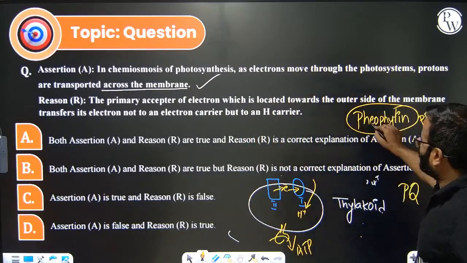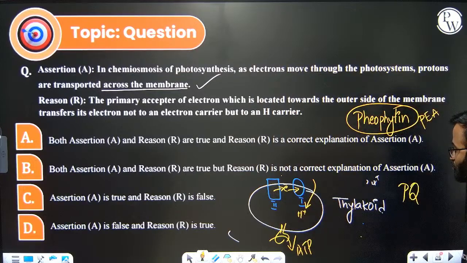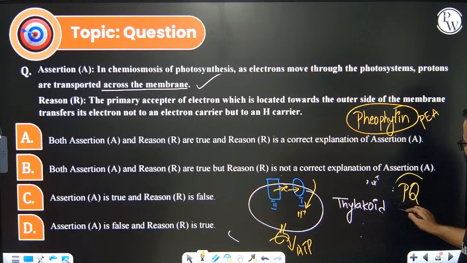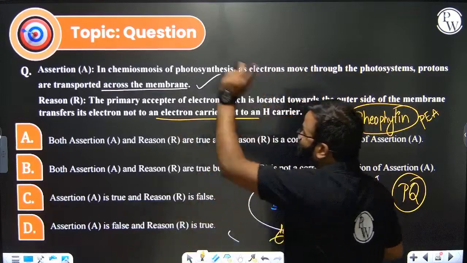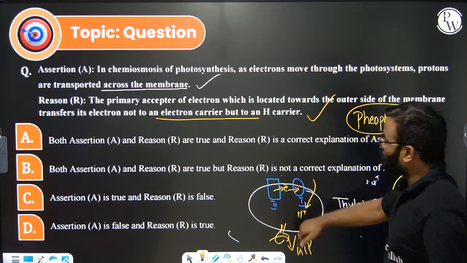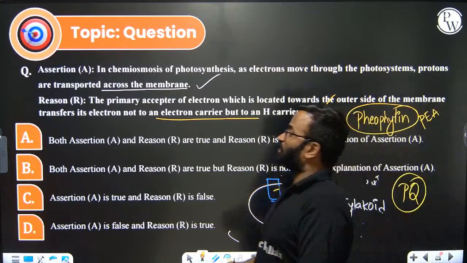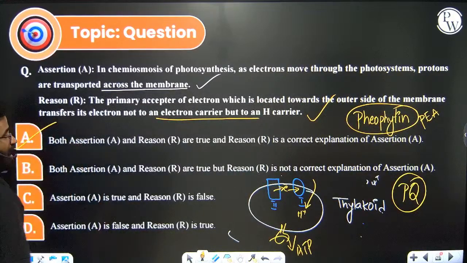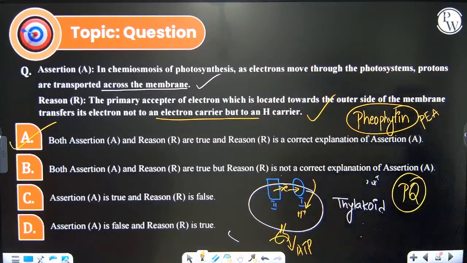So the pheophytin, which is the primary electron acceptor of photosystem 2, gives its electrons to PQ, which is a hydrogen carrier rather than an electron carrier, which is true as a statement, and that's the reason why protons are being pumped. I would say both are right as statements, and it is the right explanation as well.